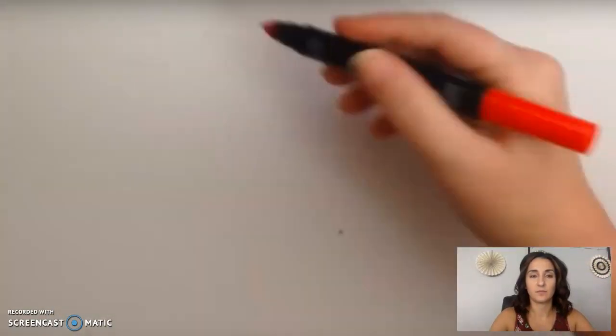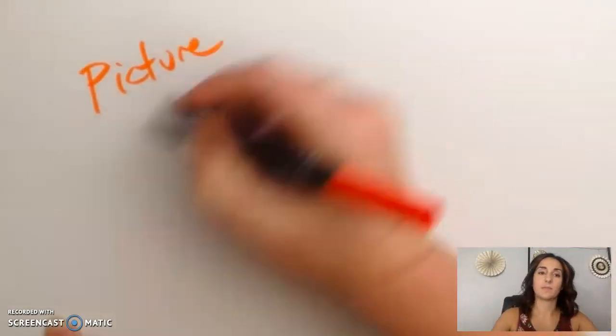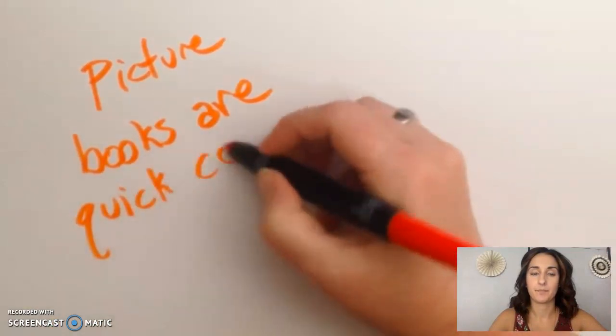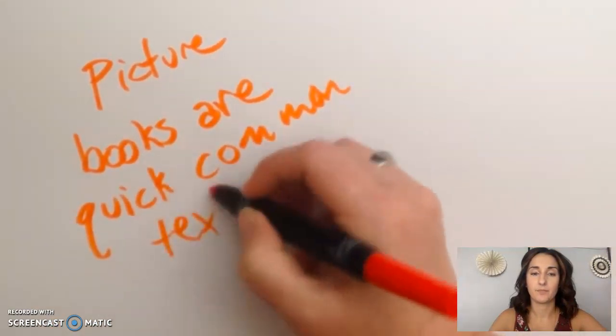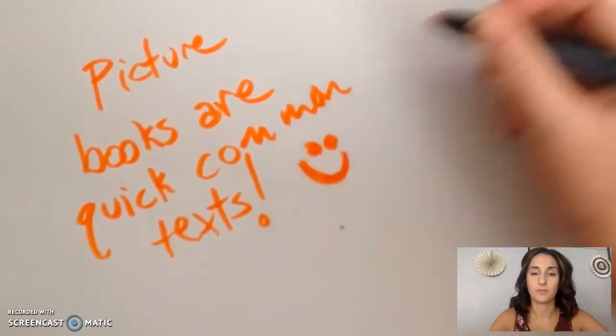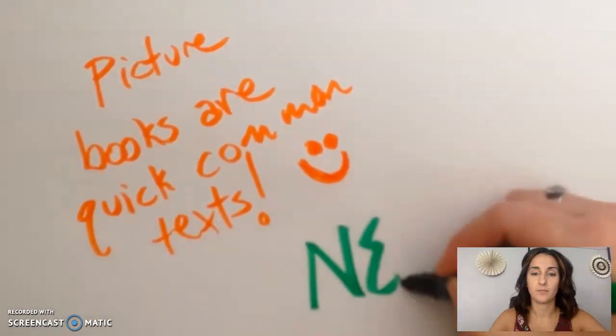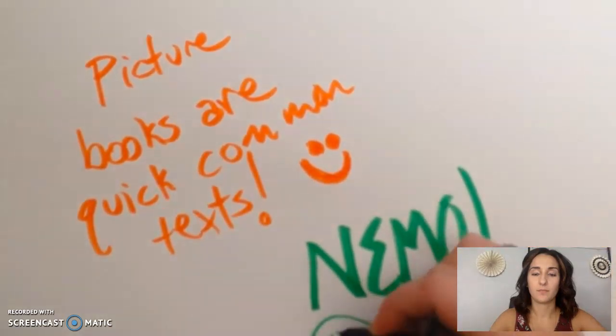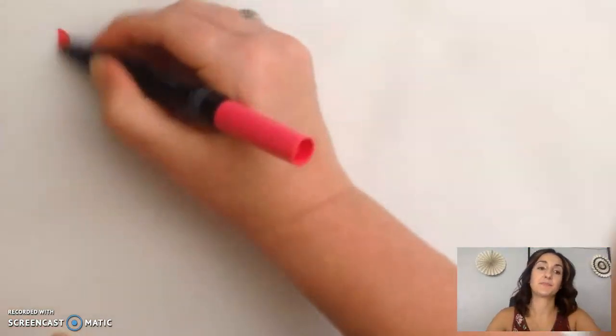So the best way to introduce a complex topic is to take a common text. With theme, you have to be finished with whatever book you're reading. So picture books are great for these. Unfortunately, if I were to read you a picture book, I would totally be breaking the law. So therefore, we're going to be Finding Nemo, because you are probably familiar with Finding Nemo. It's a nice universal show.